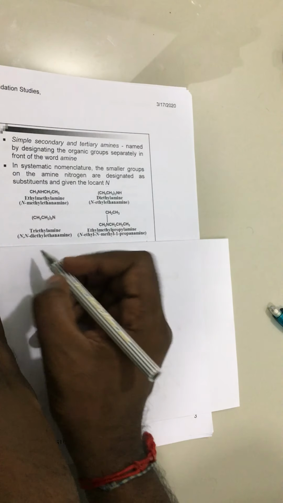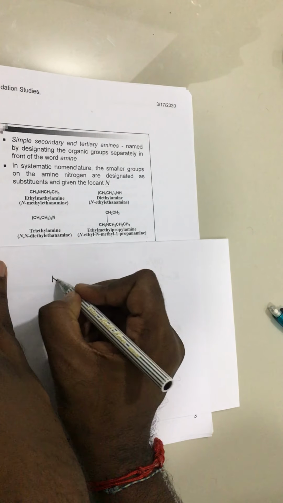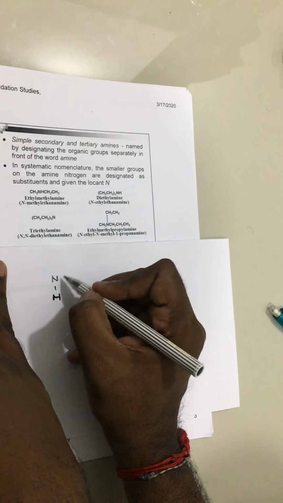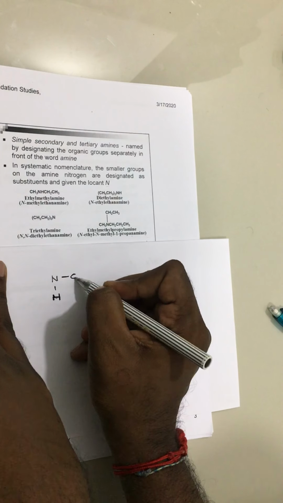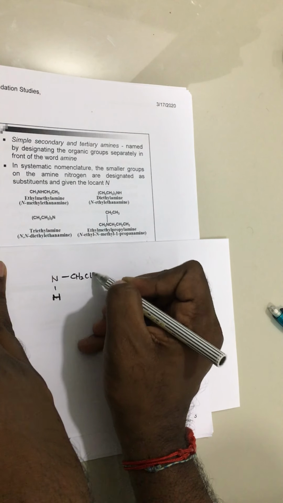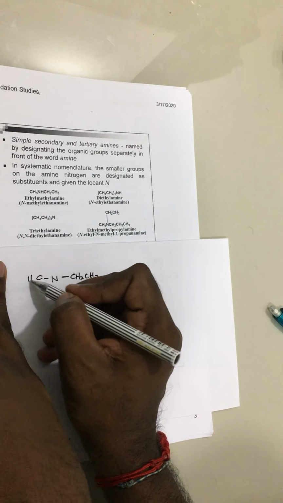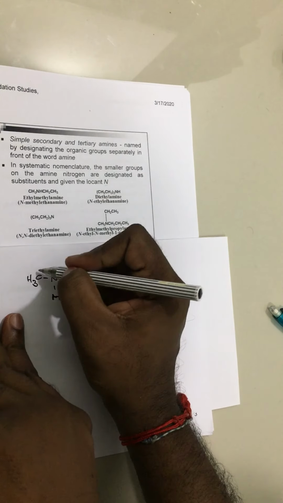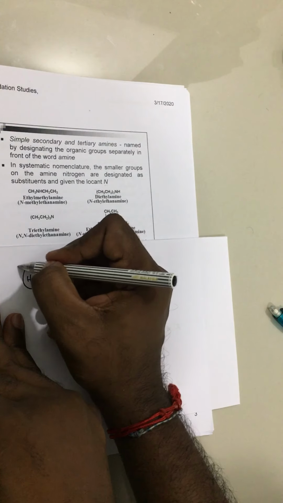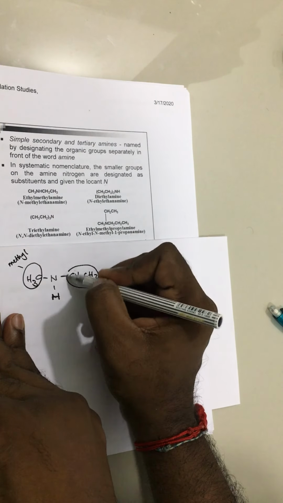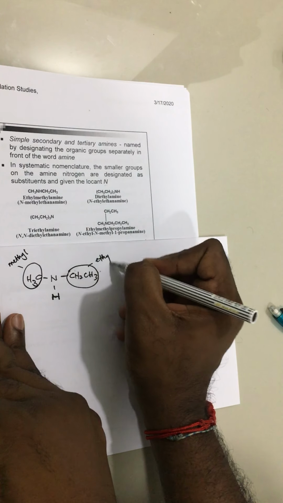Okay, so the first one you see here, you have N, and then you have the H. The N is bonded to CH2CH3, and on another side you have the CH3. So this is your methyl, and this will be your ethyl, right?